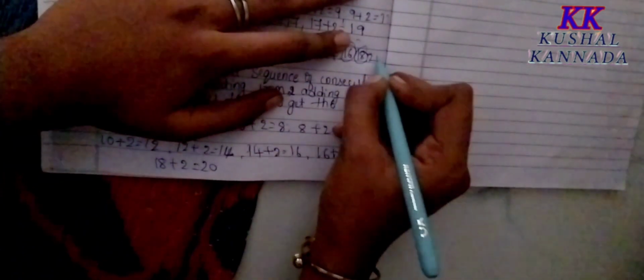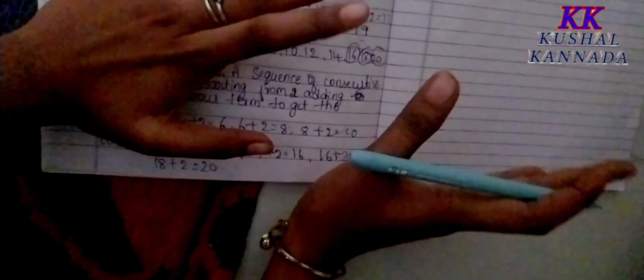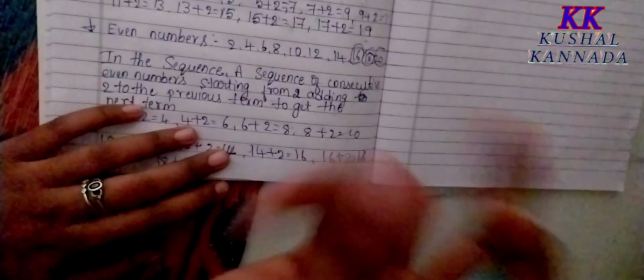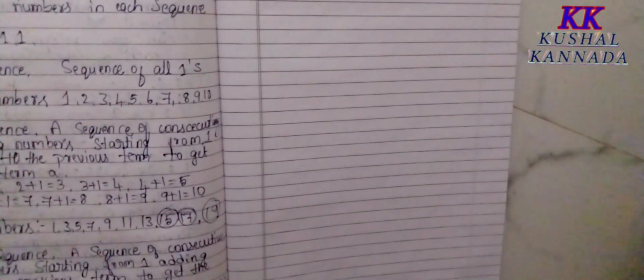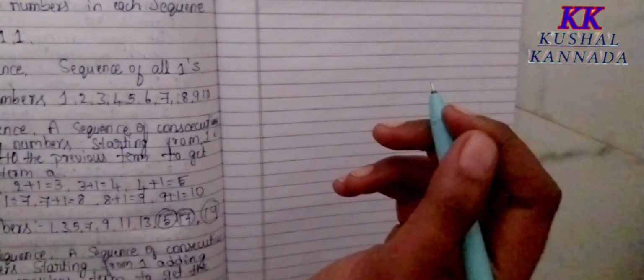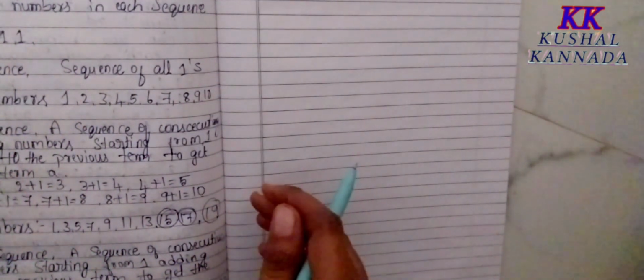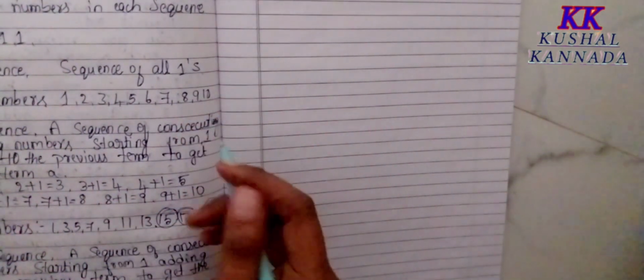I will complete the next 3 numbers in this sequence, even numbers. Okay, next I will write the next sequence. Even numbers, odd numbers, counting numbers, all ones is finished.